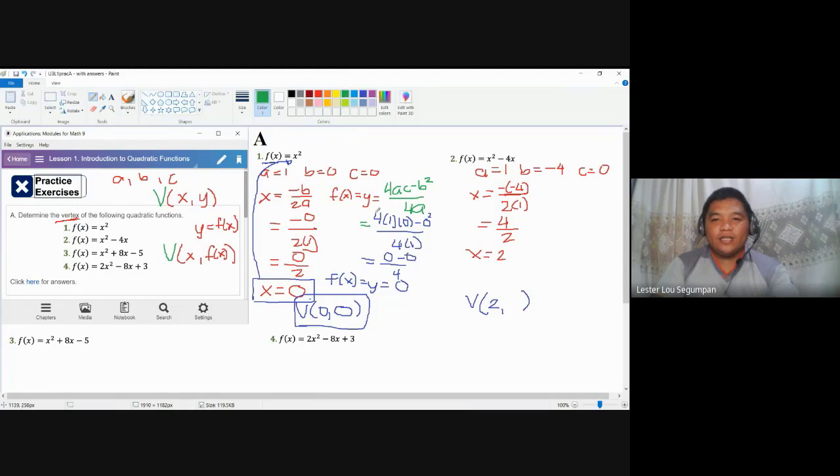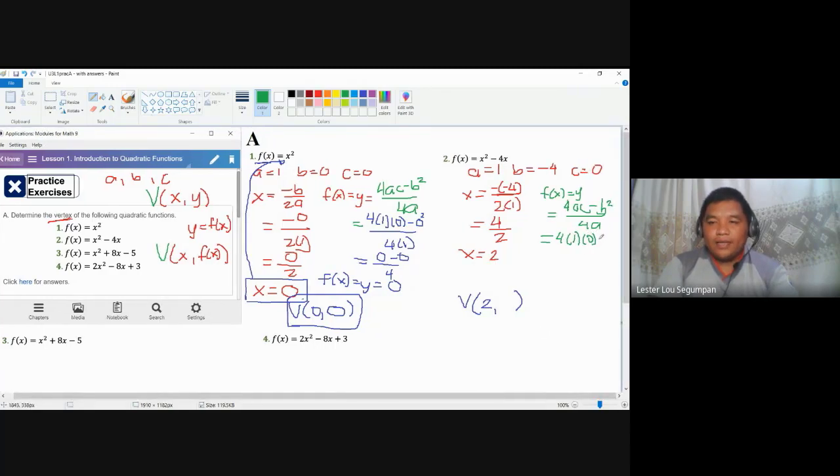The next is using the formula. So for f of x or y, you will have this formula: 4ac minus b squared over 4a. Substituting the values here, you have 4 times 1 times 0 minus -4 squared all over 4 times 1. 4 times 1 times 0 is 0.